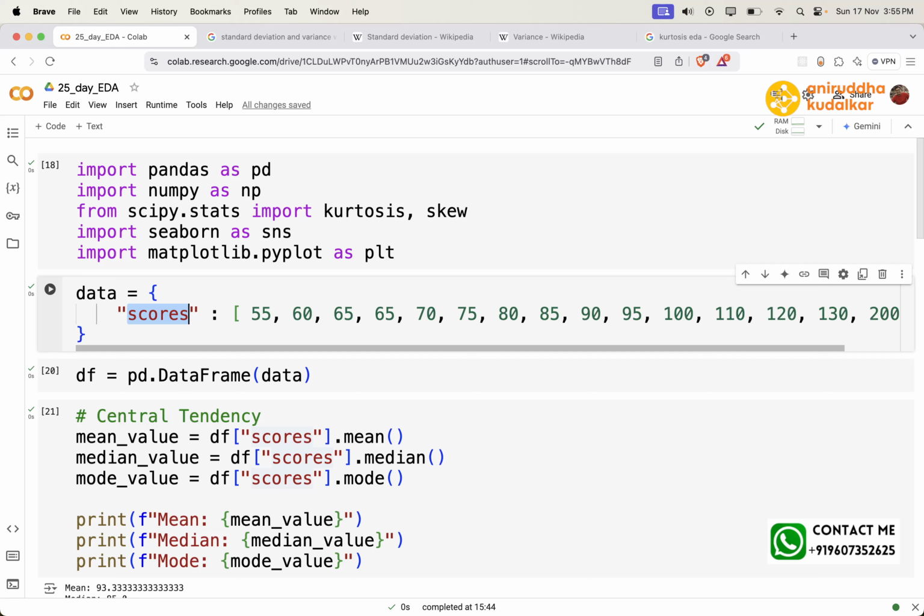Central tendency, mean, median, mode; spread, how data is spread, standard deviation, variance; shape, skewness and kurtosis; and the outliers. Whenever you talk about univariate, not a fancy term, only single variable scores.